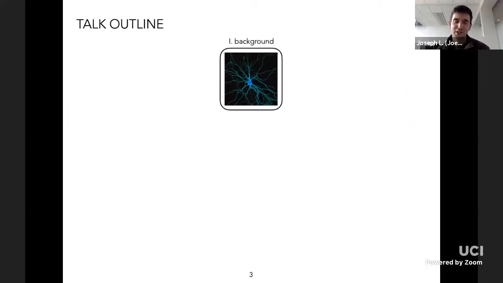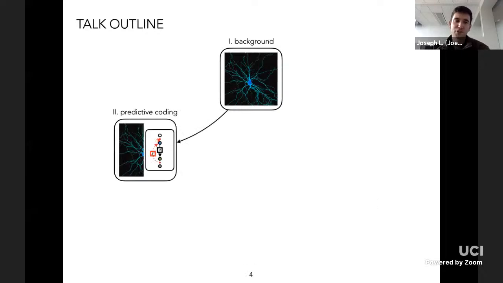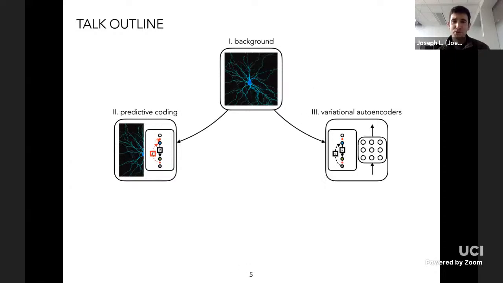In the first section of the talk, I'm going to go through some background on neuroscience and the origins of some ideas in theoretical neuroscience. Then we're going to look into this area of theoretical neuroscience called predictive coding. Then we're going to explore the complementary area in machine learning, which often goes by the name variational autoencoders, although there are other models within that family.